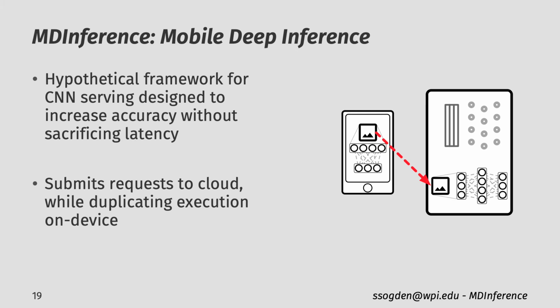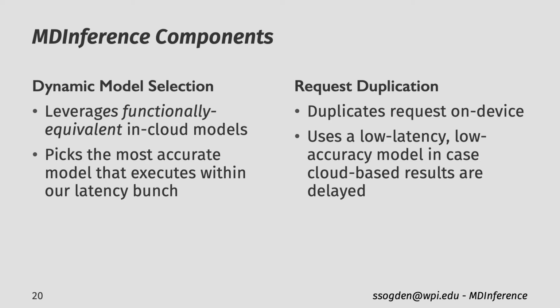Our hypothetical framework to test these ideas is MDInference. We use it to deliver inferences for an image classification task. It is a hybrid approach which submits requests to the cloud and duplicates execution on device. MDInference consists of two main components. The dynamic model selection component leverages functionally equivalent models to dynamically improve accuracy based on the impact of the network.